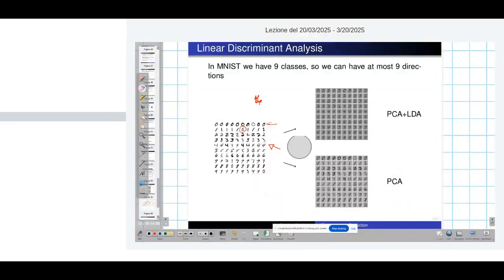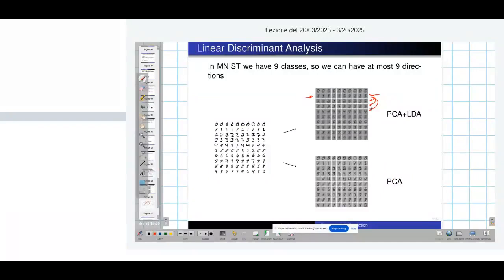So it's trying to make images of one similar. The different ways that I had to write one will end up in images that, when reconstructed, look similar among themselves, because the projections of these images will look similar. They will not look really like a one, but they will be similar between themselves and different from the other classes.